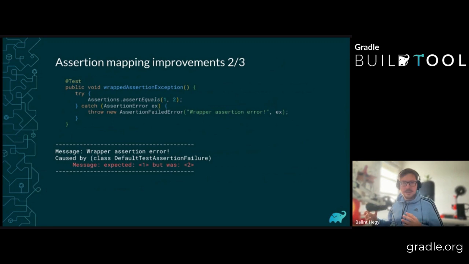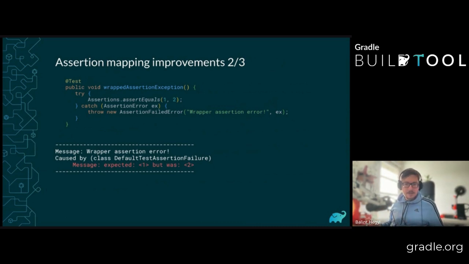And we were told that this is not an unimaginable use case, that an assertion is wrapped in another assertion, and you can see in the structure below that this is not getting processed. It should say that what we expected is 1, the actual is 2, but there is none.